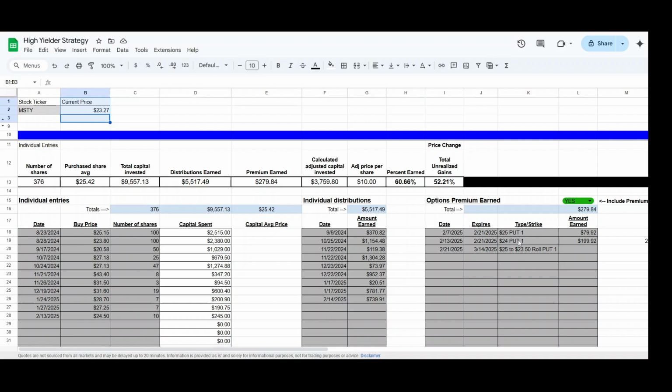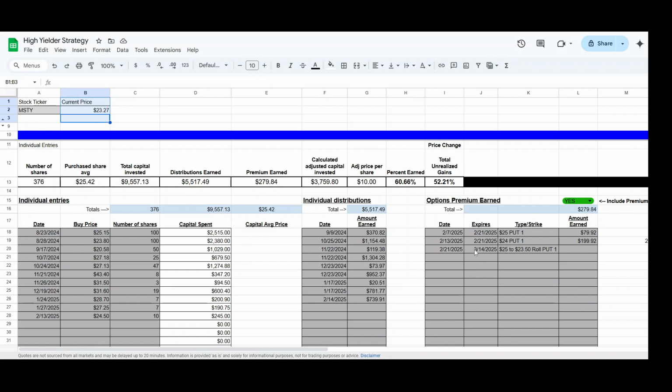I wasn't looking to gain 200 shares at roughly that same price. So what I did was take the one that was furthest away, the $25 put. Since the price is at $23.27, I decided to try to roll that $25 put. What I mean by rolling it is I am going to buy back that $25 put for a cost and then write another put at a different expiration date.